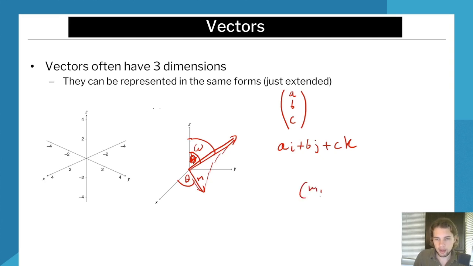So that means we have M, this symbol, and this symbol, and they represent angle 1 and angle 2. This is the angle clockwise from the direction of the x-axis, and this would be the angle from the direction of the z-axis.